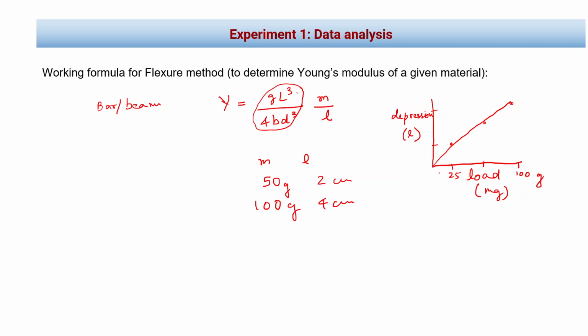When we plot this graph, we'll get this kind of straight line, and the slope of this will be, this is basically delta m, this is basically delta l, and the slope of the graph will be delta l by delta m. This is called the load depression graph.